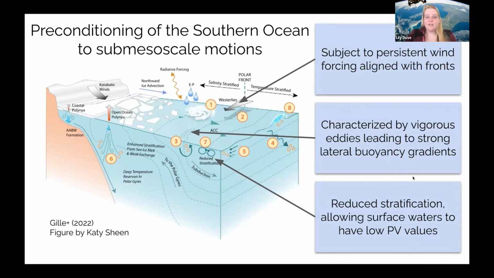And finally, the Southern Ocean has reduced stratification, which allows surface waters to have low potential vorticity values. And all of these things combine to precondition the Southern Ocean to submesoscale motions. And I should say this beautiful figure is from Sarah Gille and others' chapter in the recent ocean mixing book.